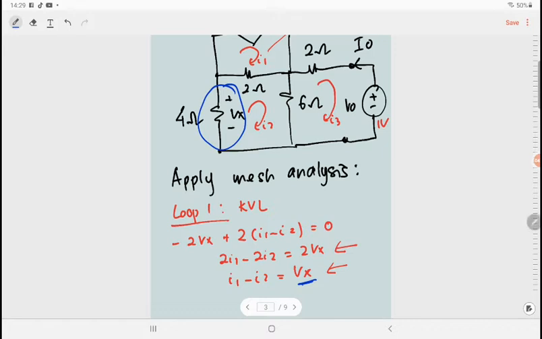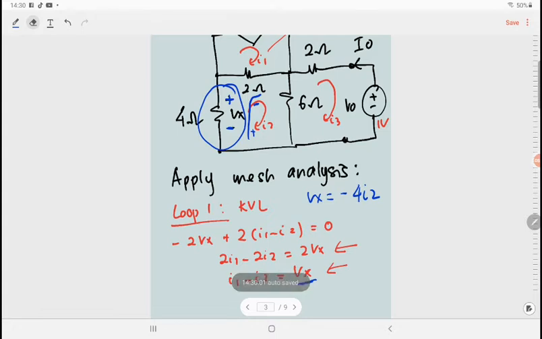But the sign for Vx is plus minus. So from the circuit, Vx is equal to negative 4I2. Negative, because the I2 flows in this direction and gives you positive negative, so the polarity is different. That's why you got negative for I2. Vx equal to negative 4I2.